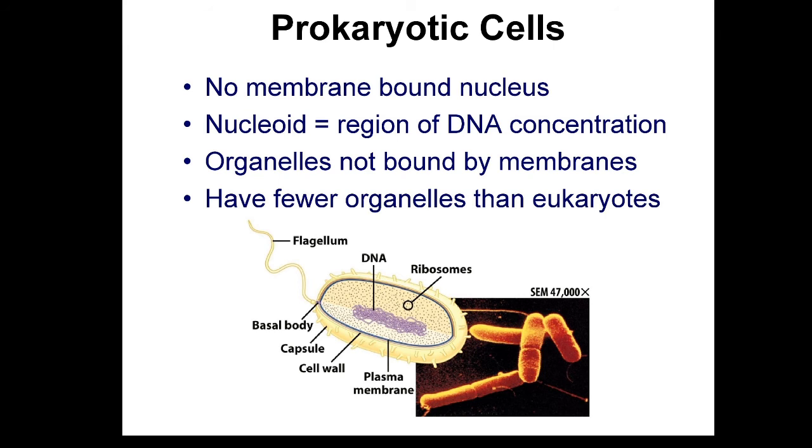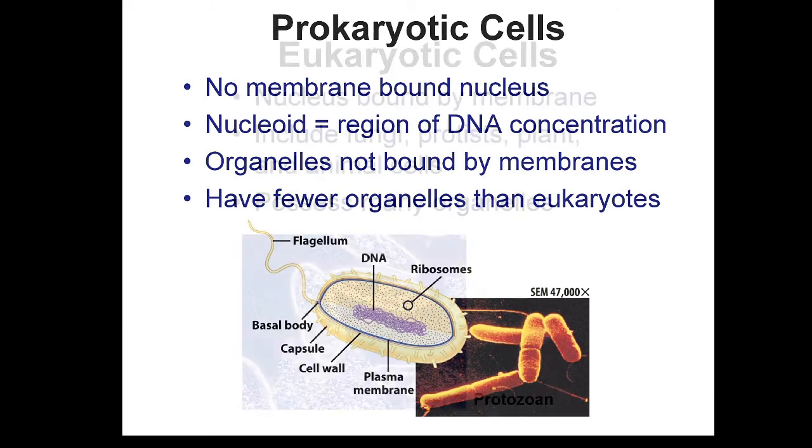That is the concentrated DNA present in the cell without a nuclear membrane. The other structural units present in the protoplasm, which we call organelles, are also without a membrane. Compared to eukaryotes, these have very few organelles with definite functions.